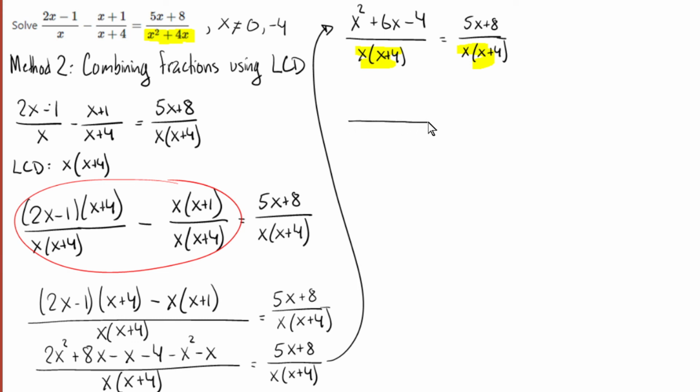So on the left-hand side numerator, we're going to get x squared plus 6x minus 4 minus, and we want to put this in brackets, so we want to be careful here, minus 5x plus 8. That's what we're subtracting. Denominator is just the LCD. Like that.